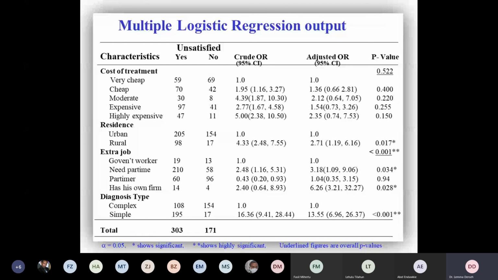Similarly, here in multiple logistic regression, we use a certain cutoff point of p-value just to screen those variables, and that would also help us to avoid multicollinearity. Because as you enter a number of independent variables, some of them may be by chance multicollinear, and that would affect your test estimate as it affects the standard error, which also again affects the confidence interval.